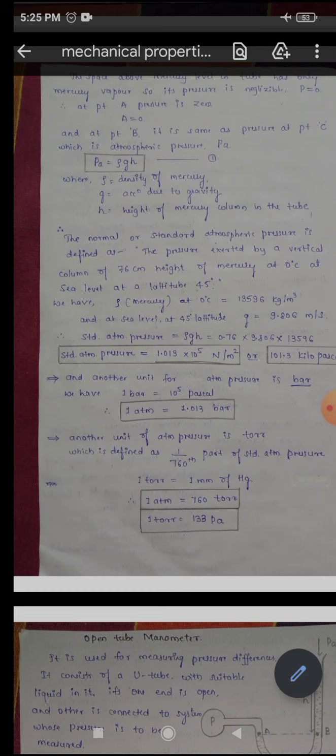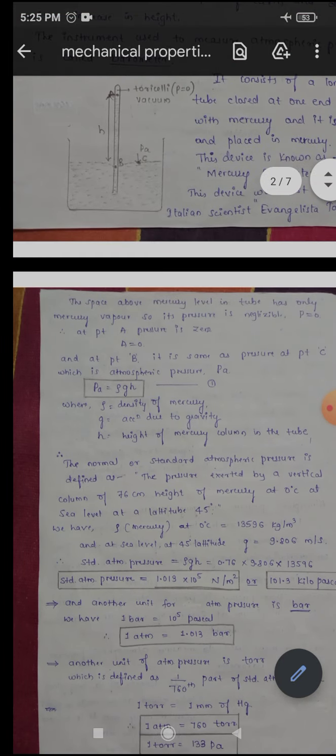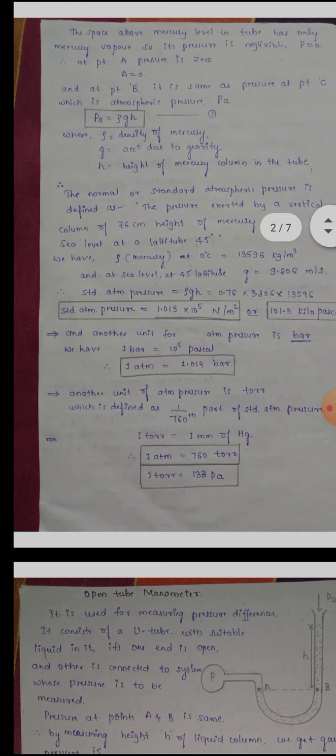That means the pressure required for the increase of 1 mm height of the Hg column. In the vertical column in this barometer, to increase the 1 mm height of the mercury level, how much pressure is required?